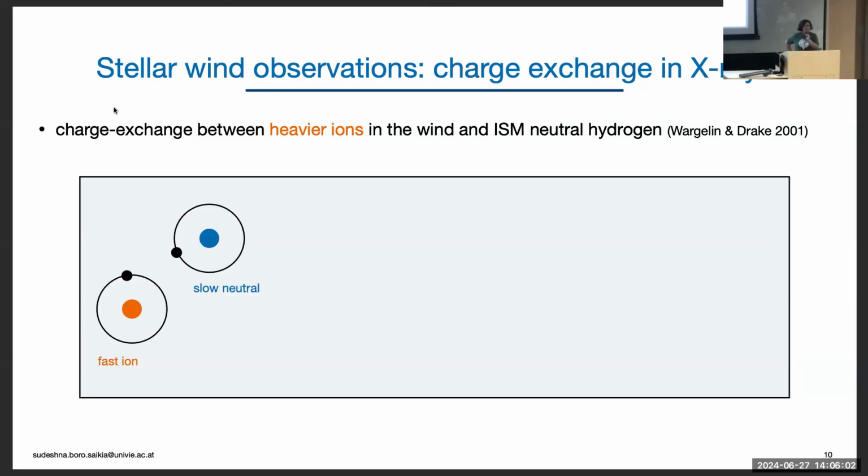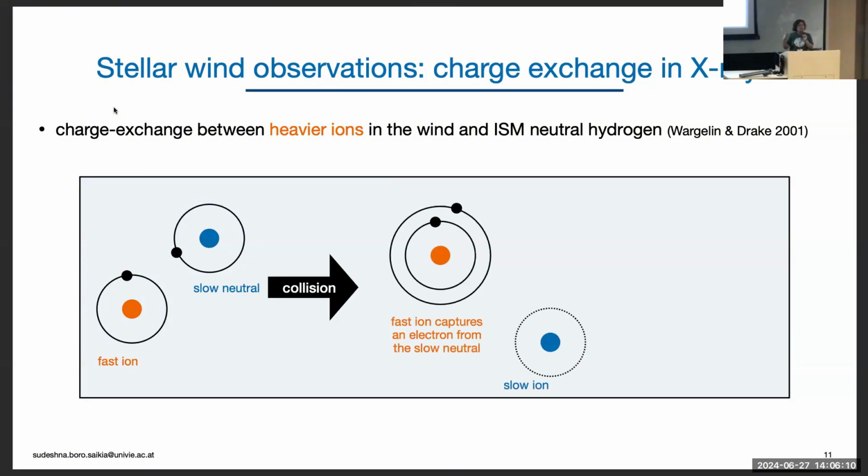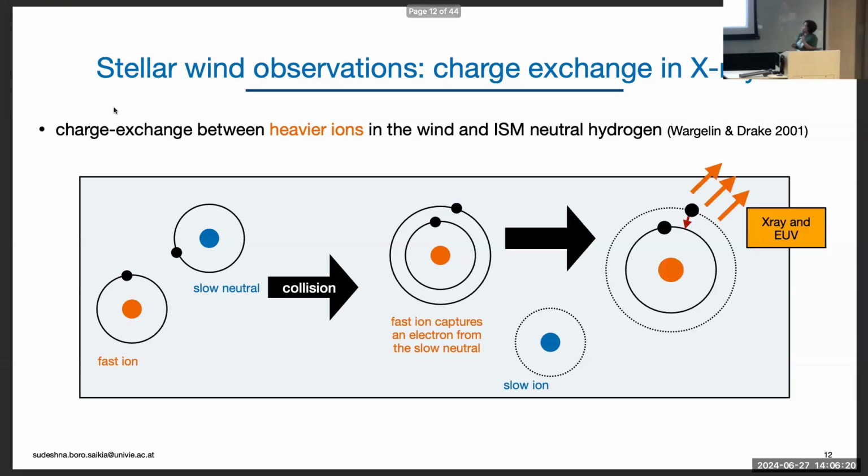Instead of a proton, we think about a heavier ion that collides with the neutral hydrogen. In this collision, the heavier ion in the stellar wind traps an excited electron, and when this electron drops down to a lower energy state, it emits X-ray or EUV emission. EUV we cannot really observe from where we are standing, but X-rays we can.